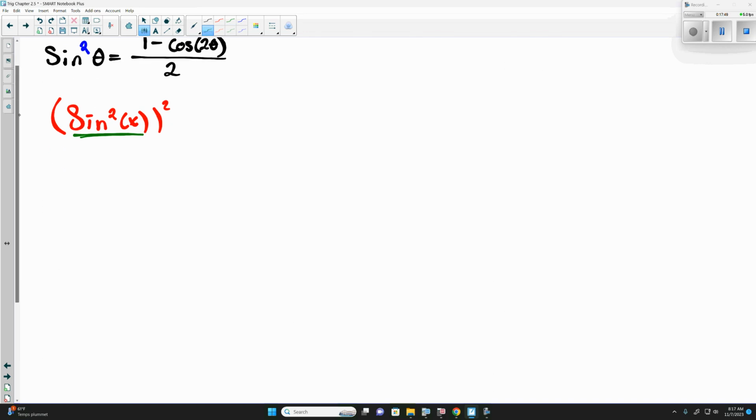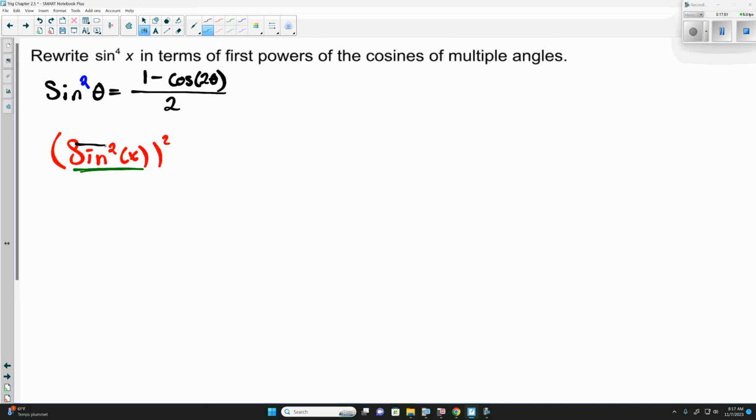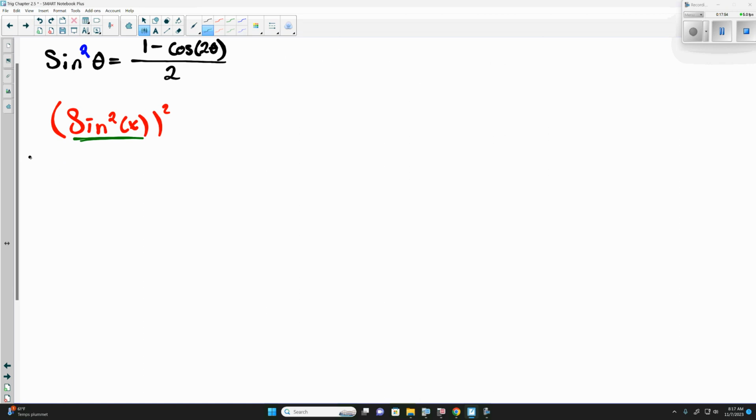Because our 1 minus sine squared of x, inside here, this will be replaced with our 1 minus cosine of 2x over 2, because sine squared of x is 1 minus cosine of 2x over 2. We good with this so far?